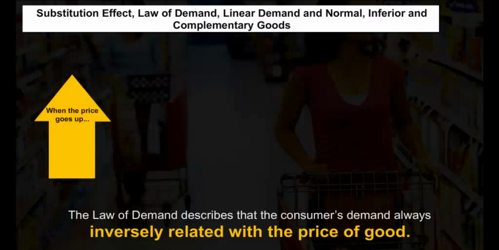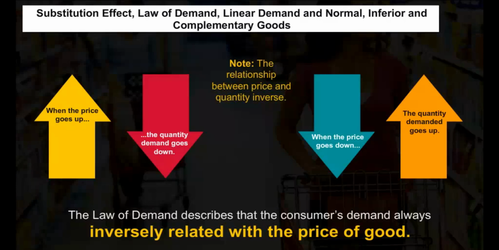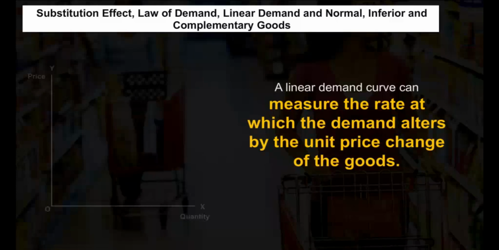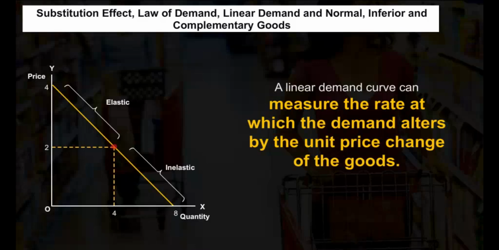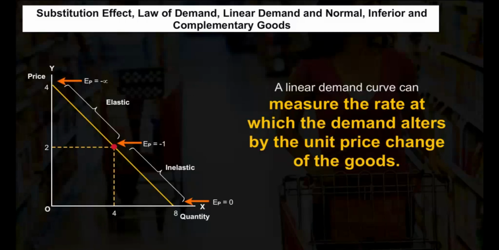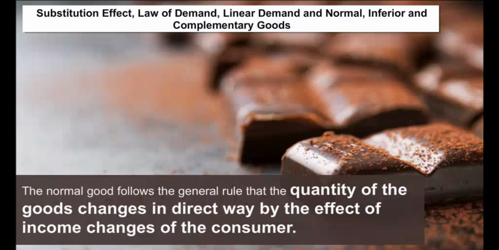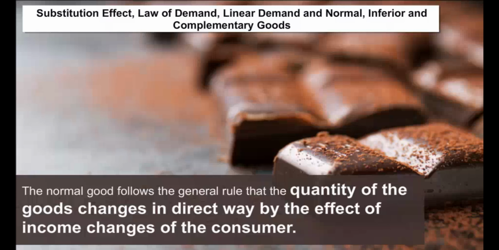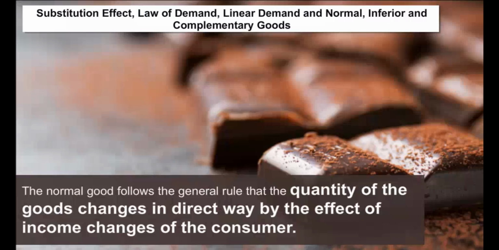The law of demand describes that the consumer's demand is always inversely related to the price of the good. A linear demand curve can measure the rate at which demand alters with a unit price change of the good. The normal good follows the general rule that the quantity of the good changes in the same direction as the consumer's income.